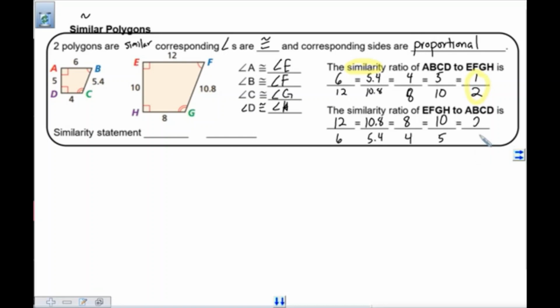And just like we had congruence statements with triangles, we have similarity statements with polygons. Polygon ABCD is similar to, notice that's just the squiggle, not the congruent sign, polygon EFGH.